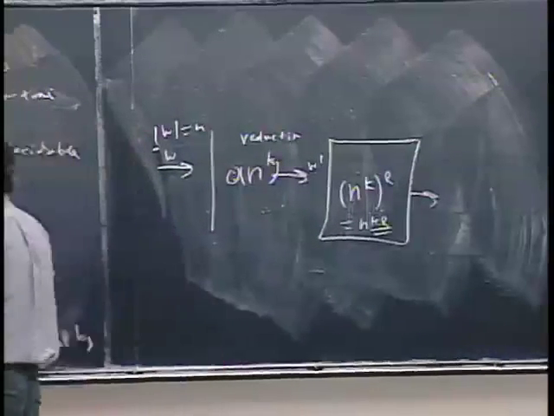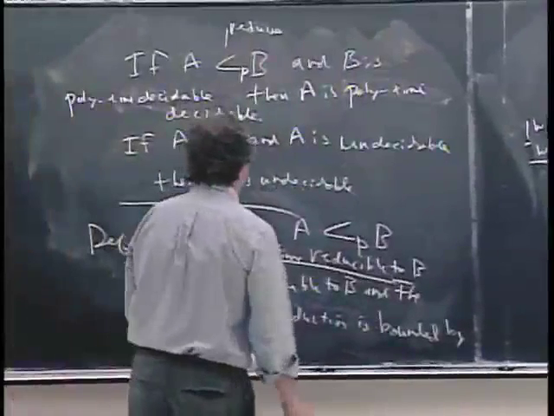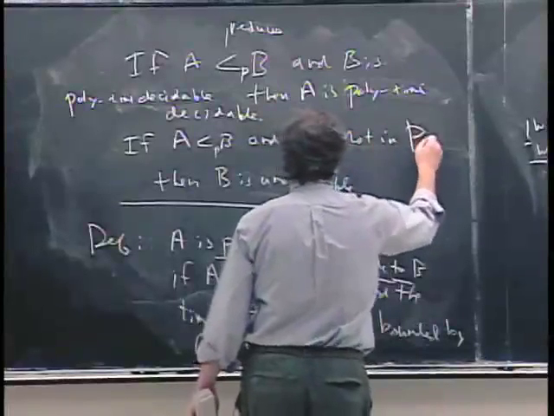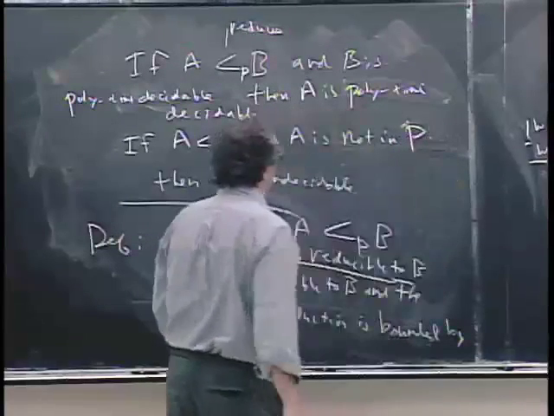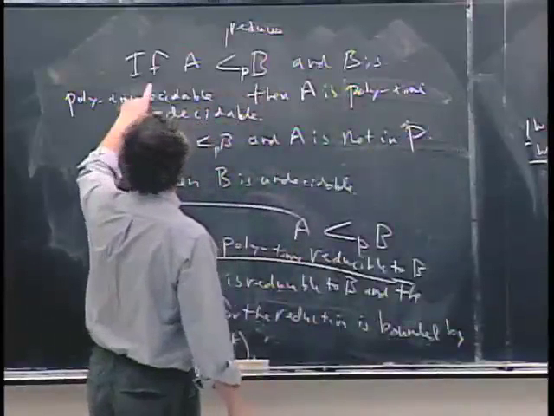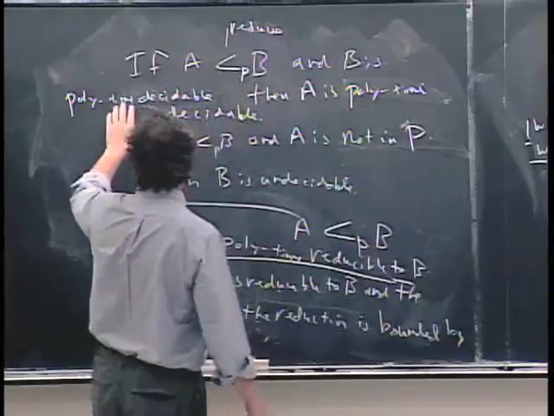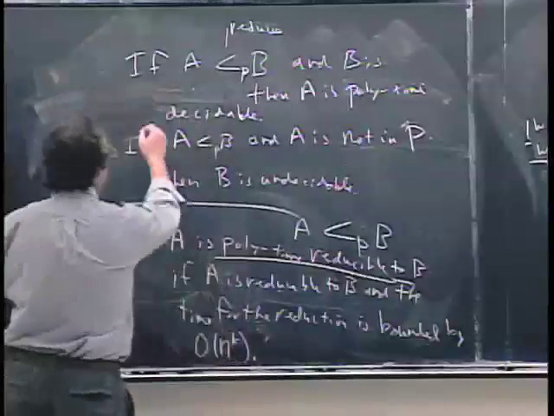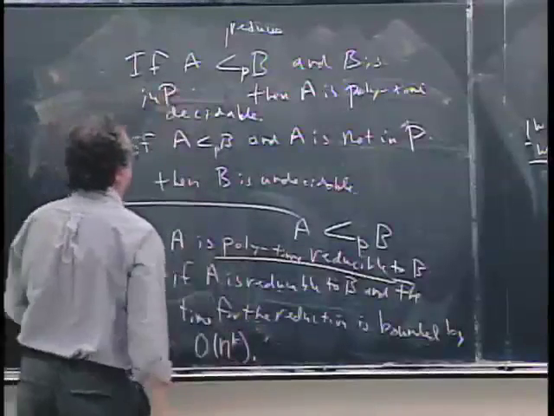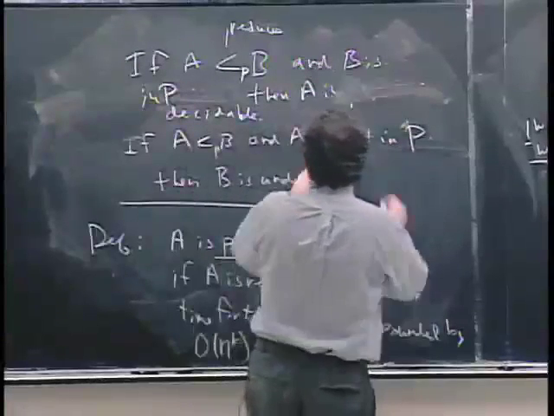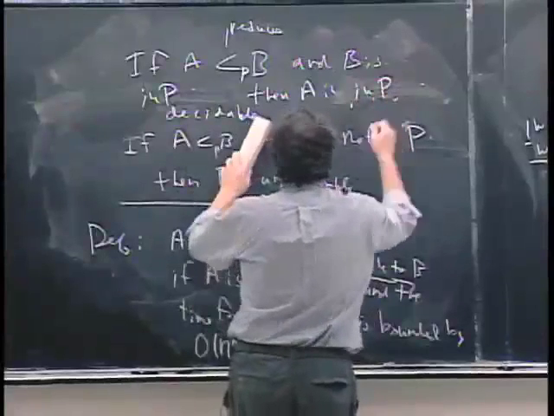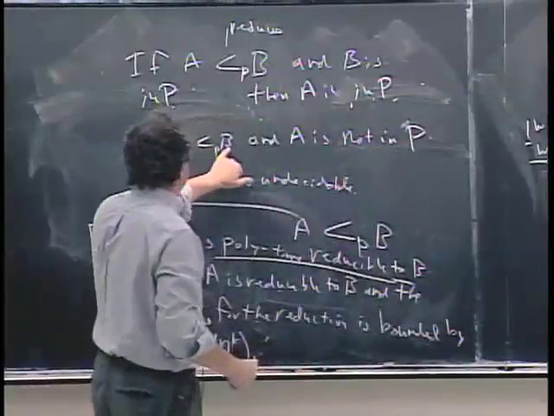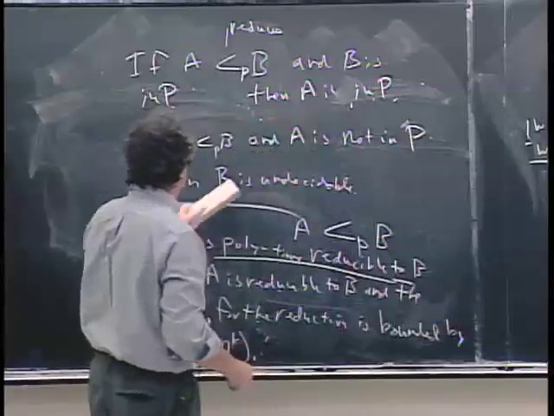And then, if A is polynomial time reducible to B and A is not in P, I'm just abbreviating now what it means. I could have said here if A is reducible to B and B is in P, then A is in P, because that's what P means. So if A is polynomial time reducible to B and A is not in P, then what do we have?